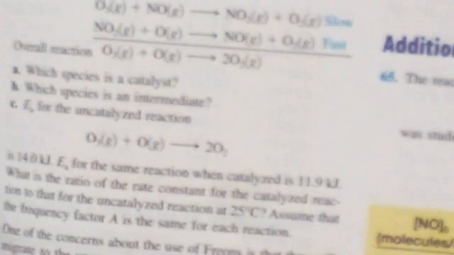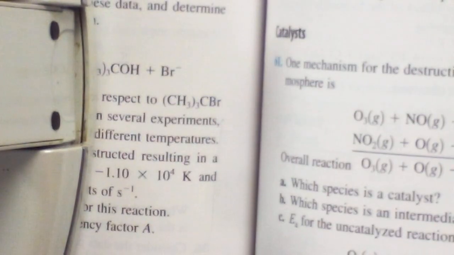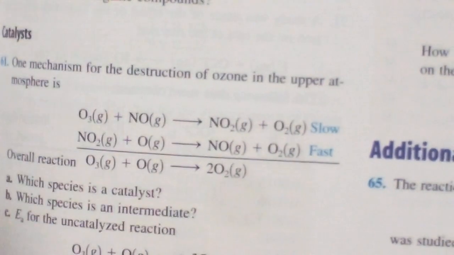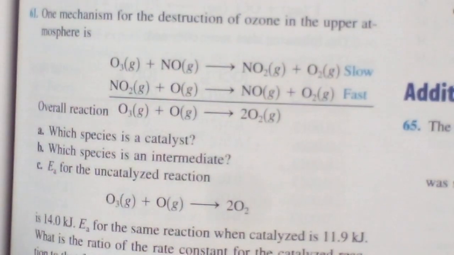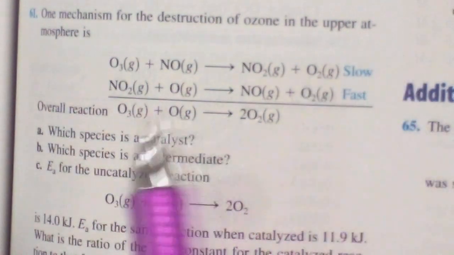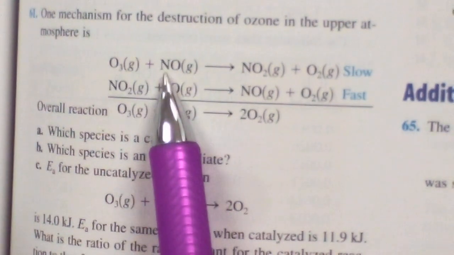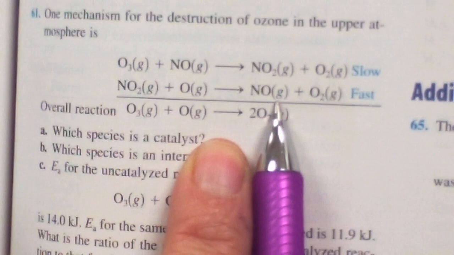So here's one. Here's a good example. 61. One mechanism for the destruction of ozone is this. Which species is a catalyst? So you can see that NO is added here, and then it comes out at the end, which means it's a catalyst.